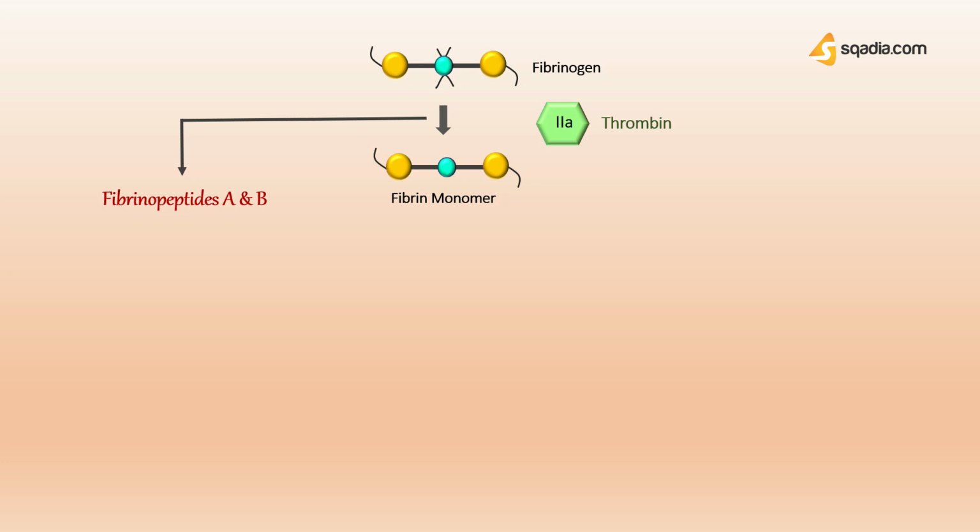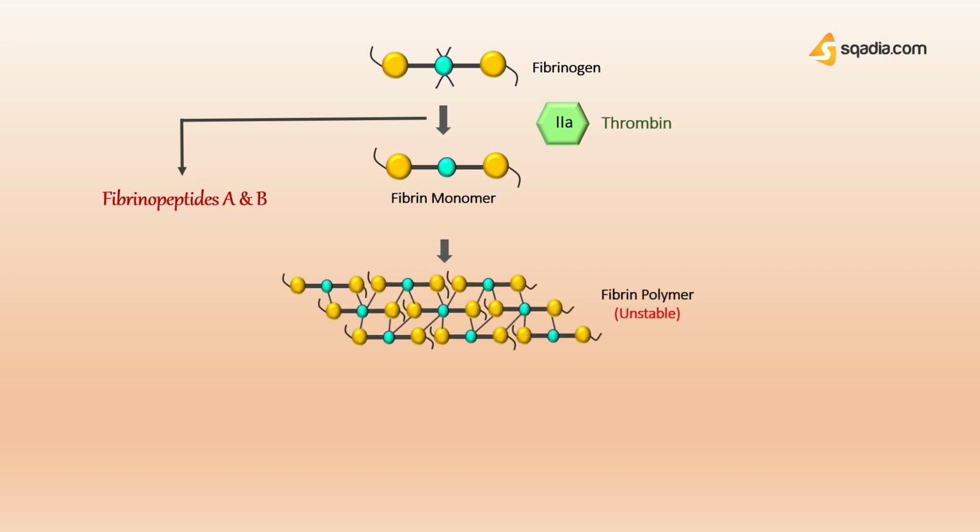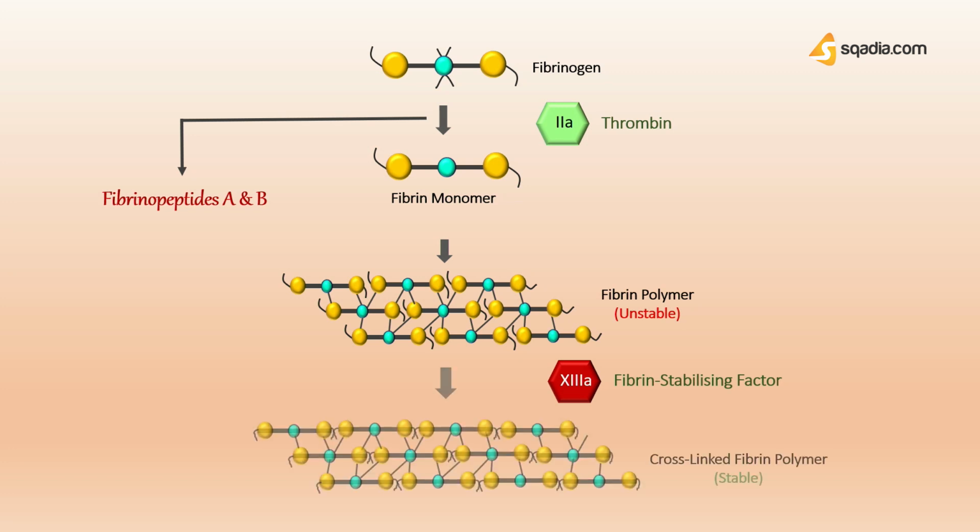Now, these fibrin monomers spontaneously polymerize to a fibrous mesh of fibrin, thus entrapping the platelets and the other blood cells. Now, the thrombin also activates factor 13, or the fibrin stabilizing factor. Now, we can see through its name that it will help in the cross-linking of the fibrin polymer to create a tough network of fibrin fibers, and thus a stable clot.